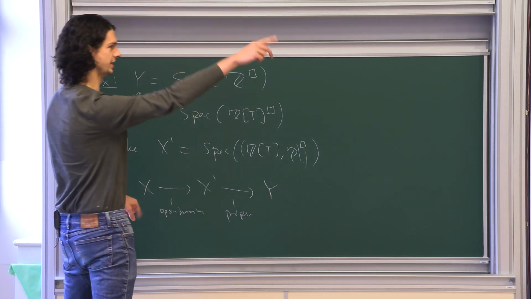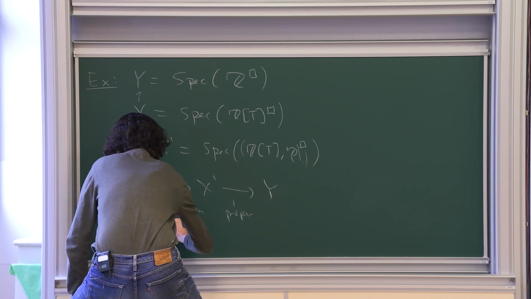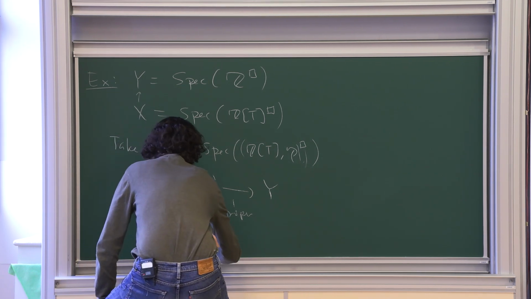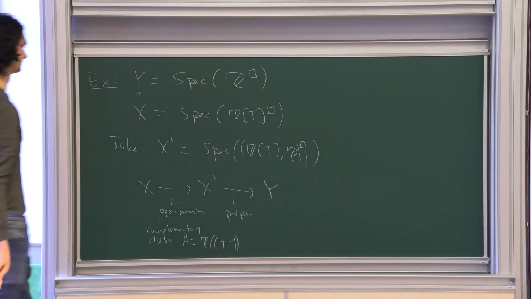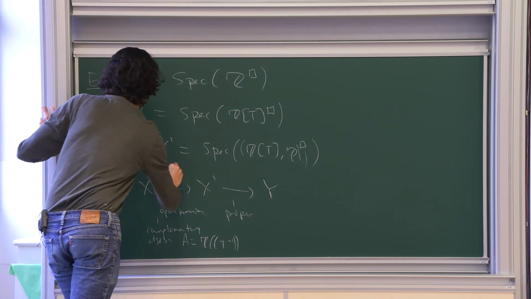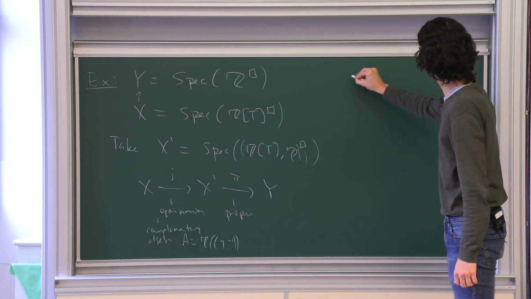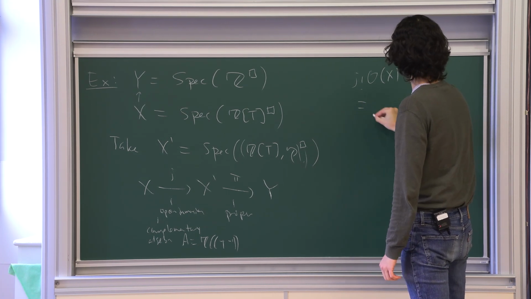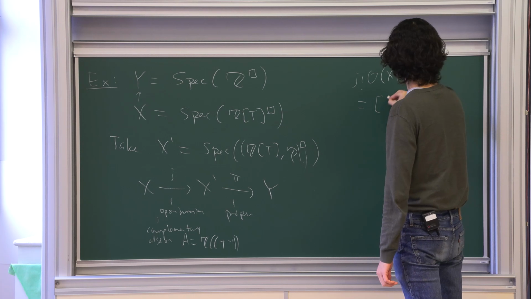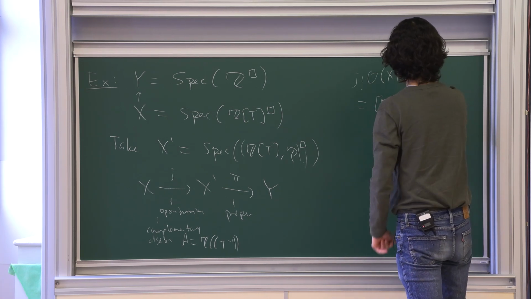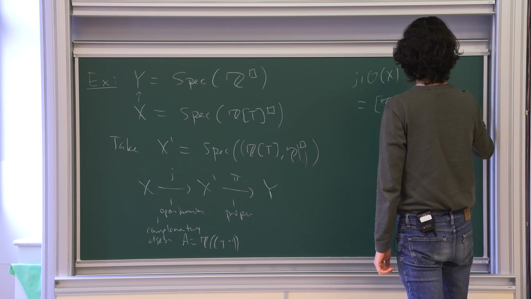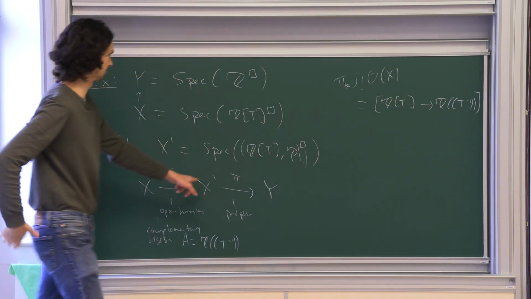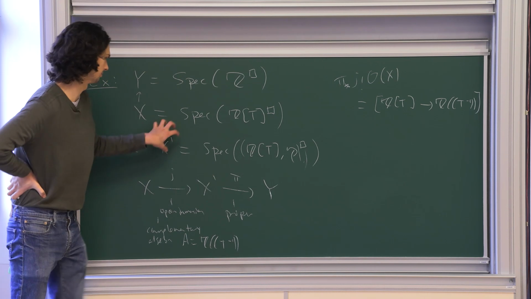And the complementary algebra A is equal to this Z Laurent series in T inverse. And then, for example, j lower shriek of the structure sheaf of X is this two-term complex. And that's also the formula for pi lower star. Pi lower star is just the forgetful functor, just forgetting that you have a module structure over Z[T].